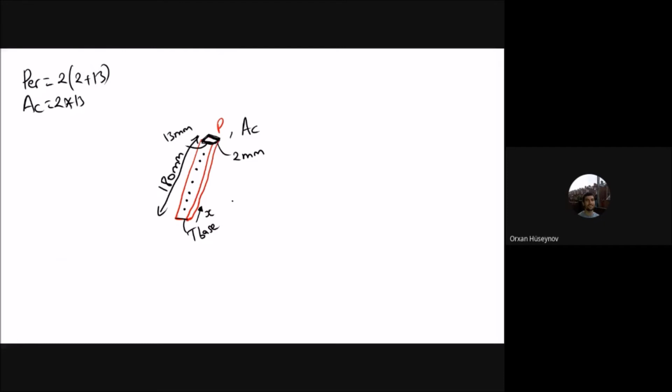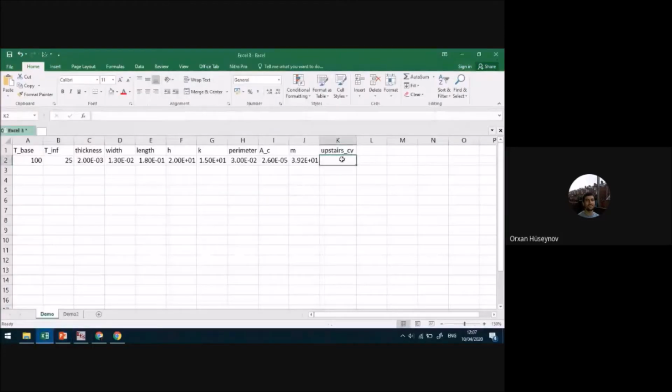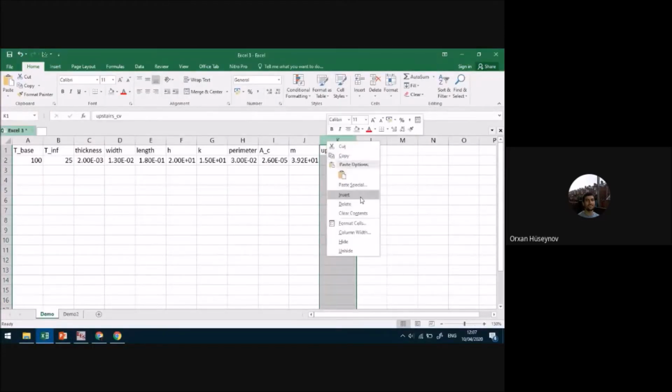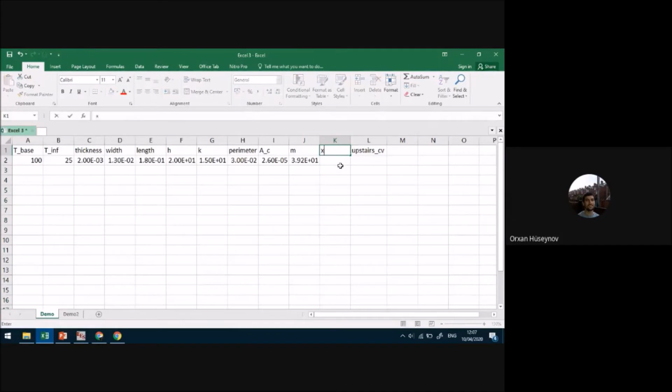So if I say that X is L, then I will find the temperature at the tip. Therefore, I will enter a variable X coordinate to calculate upstairs of the formula. For this case, I'm saying that X coordinate is 180 millimeters, which is the tip of the fin.